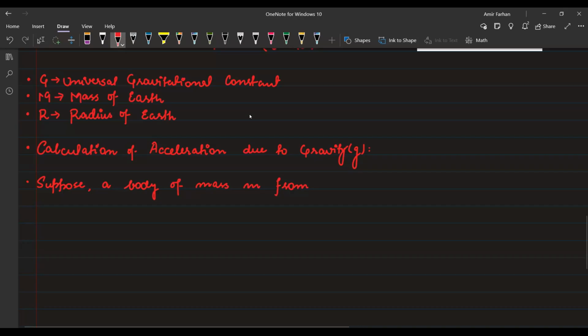From a distance r from the center of the earth, mass m. The capital M is the mass of the earth.